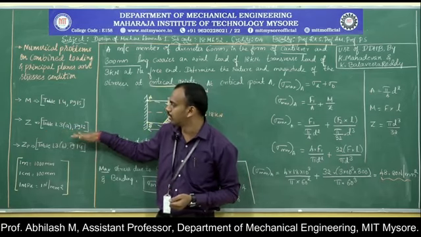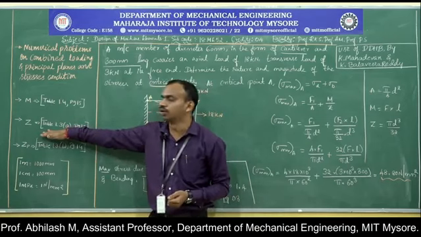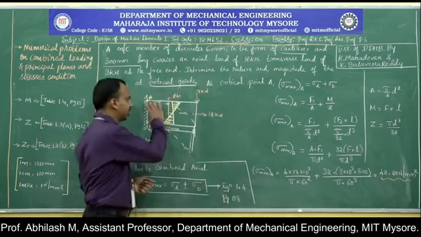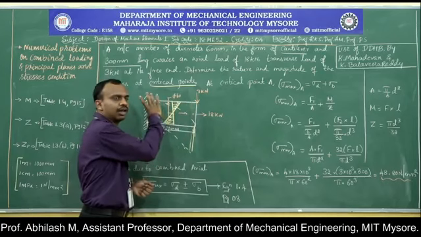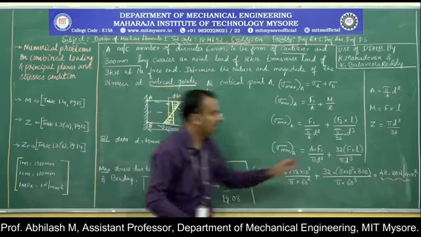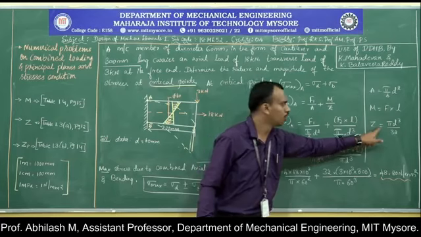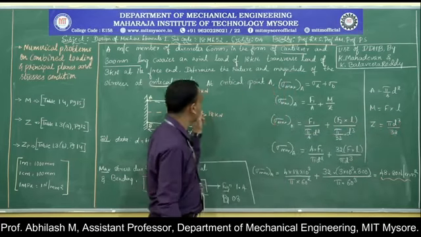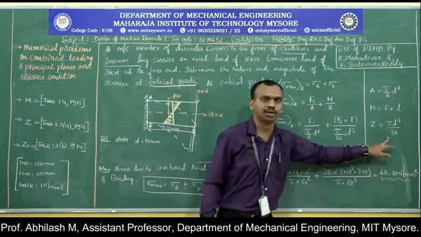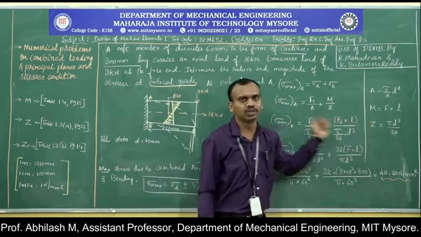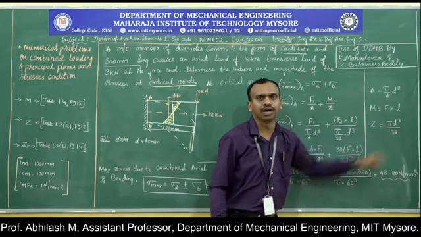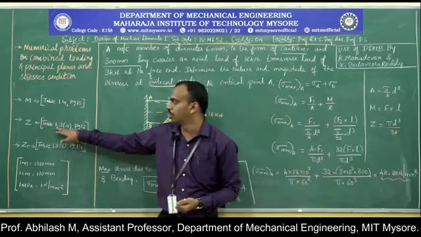If we go to page number 12 in the design data handbook under table 1.3a, for the given cross section, it is a solid shaft. For this particular condition, the value of Z will be equal to pi d cube divided by 32. If it was a hollow section, this Z value would have been different, but here it is solid, so the Z value is pi d cube by 32, and we obtained this from table 1.3a, page number 12.